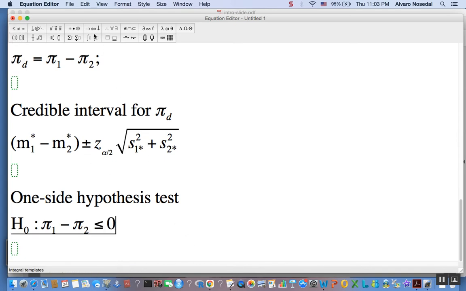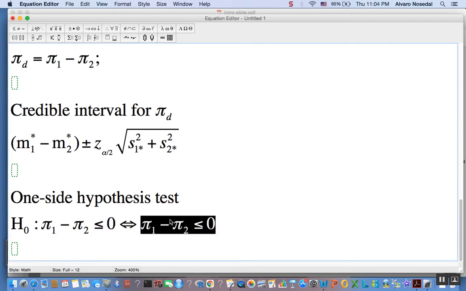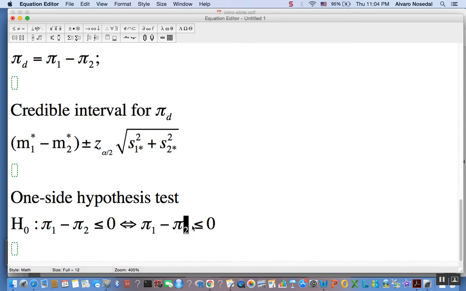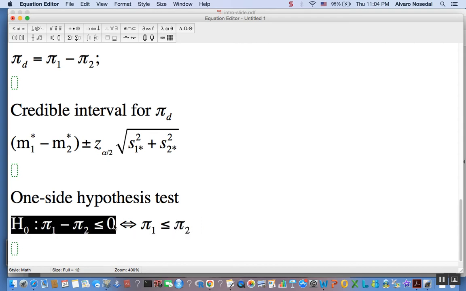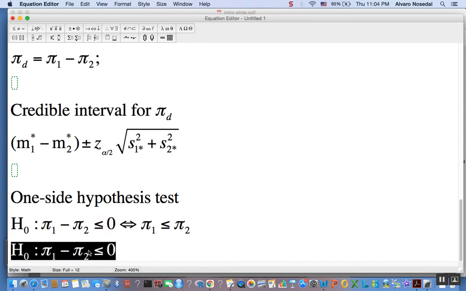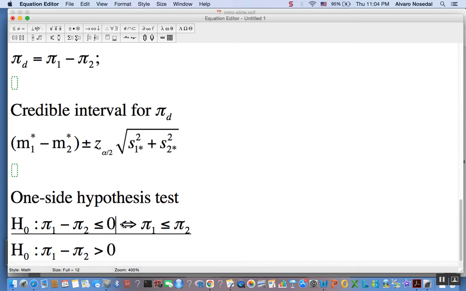Note that that is equivalent to pi 1 being less than or equal to pi 2. And then the alternative, of course, would be the complement of this, that the difference is greater than 0. Note again that that's equivalent to saying that pi 1 is greater than pi 2.